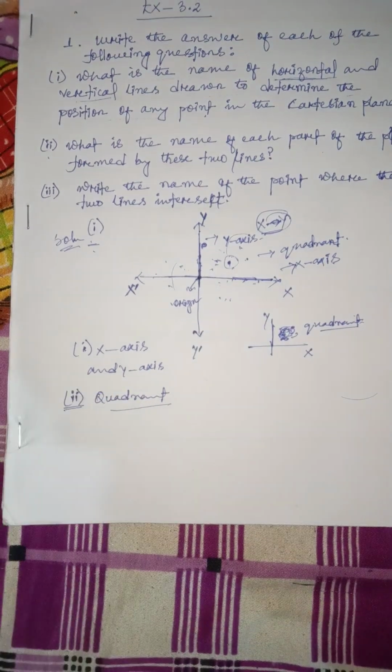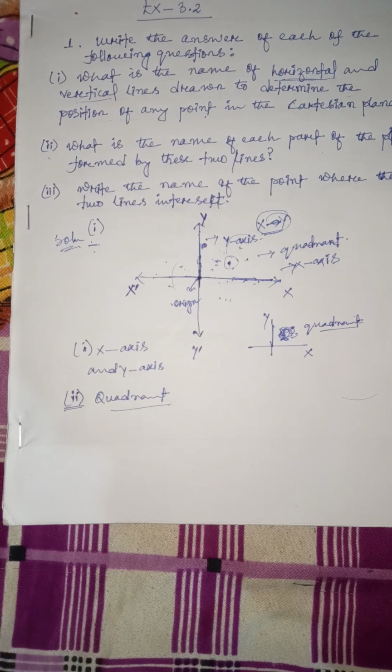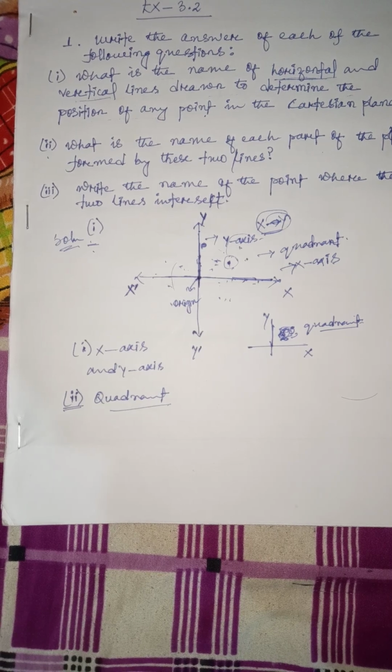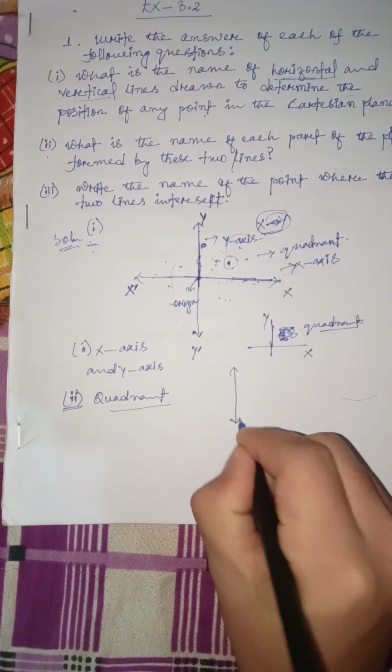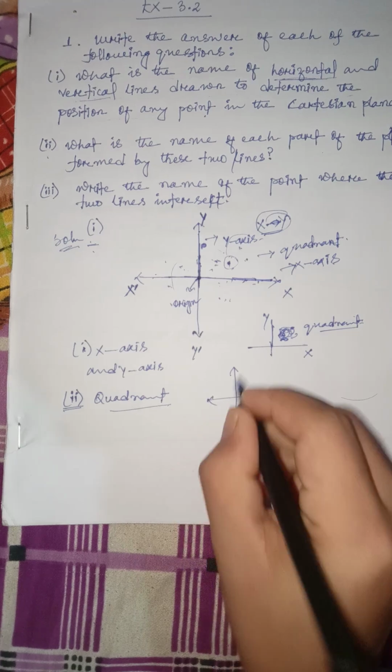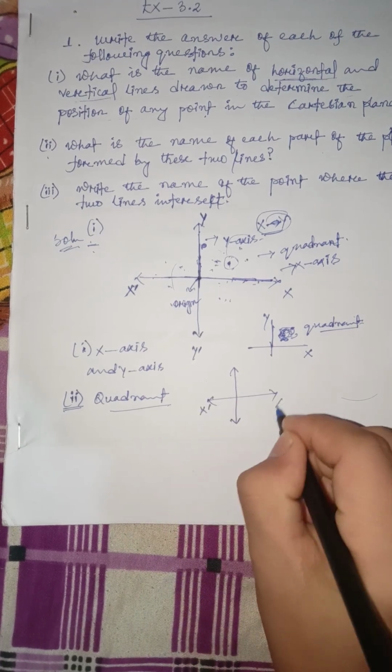Then let us move to the third question, which will be the end. Here we have: write the name of the point where these two lines intersect. In the Cartesian plane, the two lines simply mean the x-axis and the y-axis.